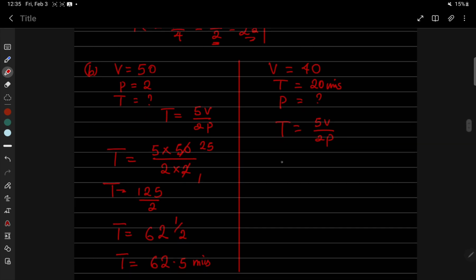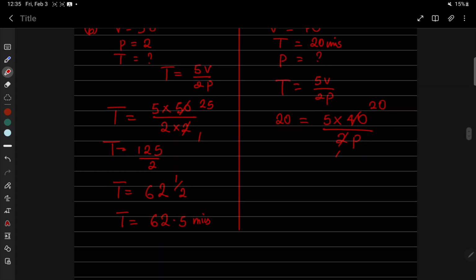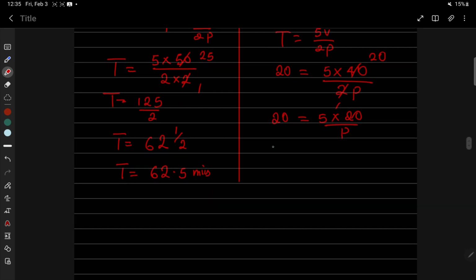So substitute the values, and T, 20 minutes, is equals to 5 times V, which is 40, all over 2P. Now you could see that 2 into 2 is 1, and 2 into 40 we have 20. So therefore, we have 20 is equals to 5 times 20 all over P. Cross multiplying, we have 20P is equals to 5 times 20.